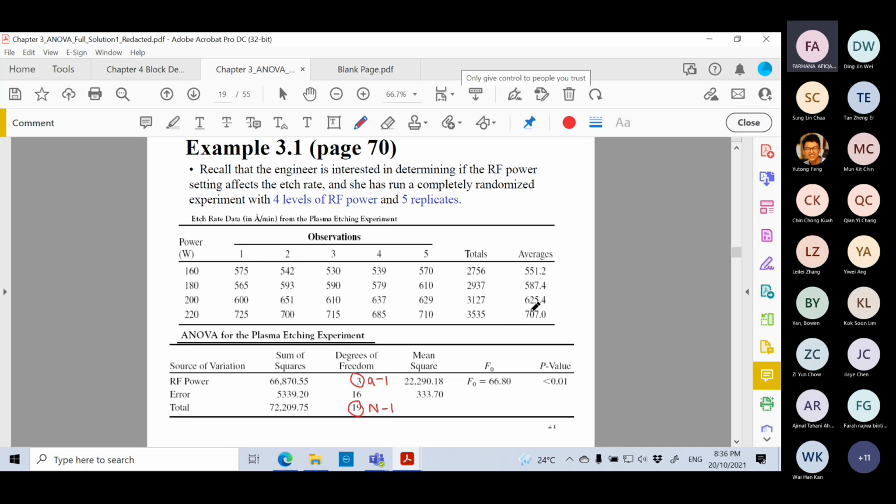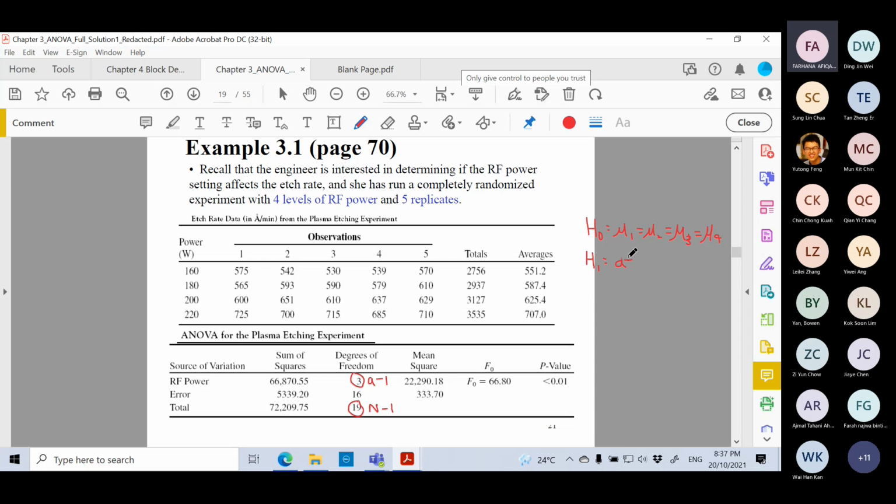So how we make the decision will be based on the p-value approach. Just now you still remember we have an H0: mean 1 equal to mean 2 equal to mean 3 equal to mean 4. We are testing whether these 4 means are equal or unequal. So we want to know whether it is H0 or H1.